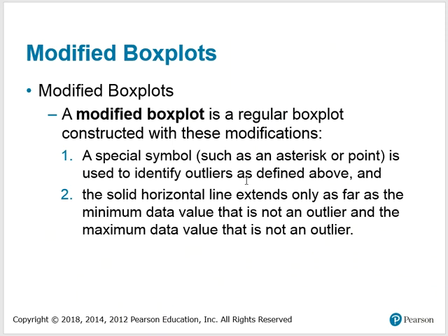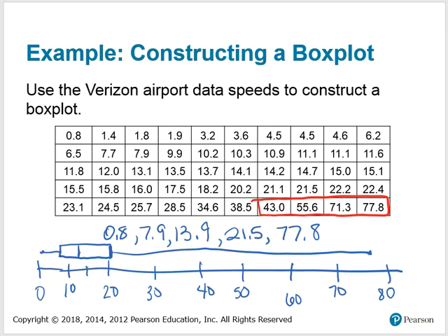So then what we have is this idea of a modified box plot. And the idea here is that it actually shows us any extreme values within the box plot. So I'm just going to go back to my box plot before, and we're going to turn it into a modified box plot. The only difference is these extreme values, instead of just looking as part of a line, they actually have symbols that represent each one.